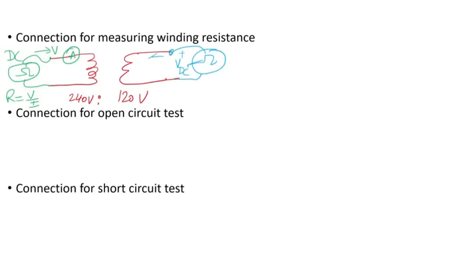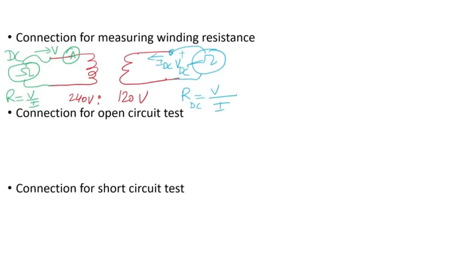Then DC current will flow, and the resistance on this side is just the voltage that's applied divided by the current that's flowing. So that's how you would perform the resistance test.